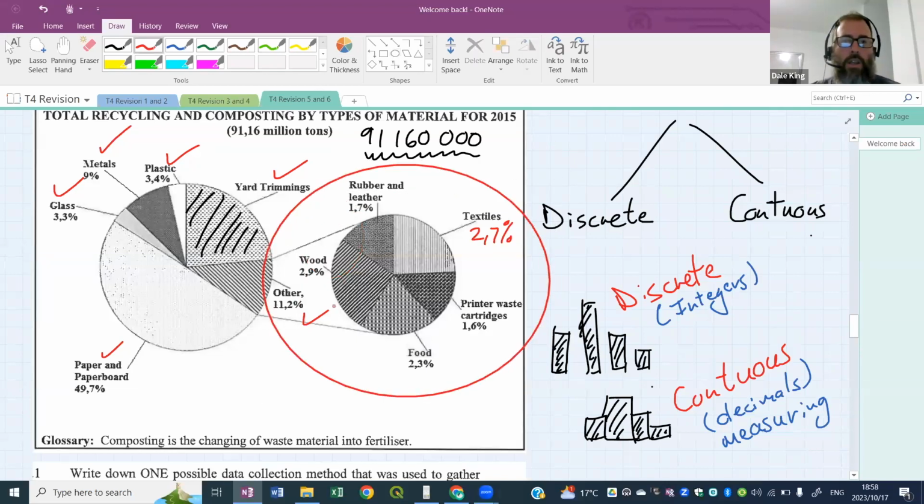So we're only looking in that pie there. This is the other category pie chart, right? And one of them is textiles. They want to know what's the probability of not getting textiles.